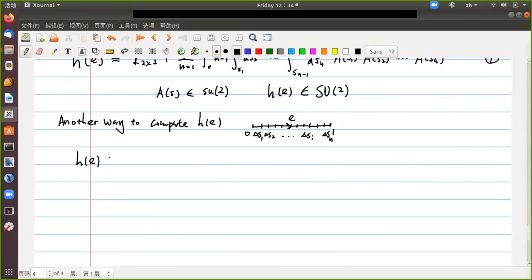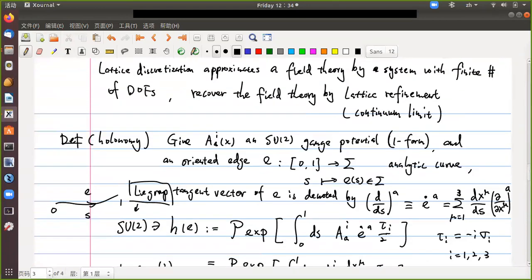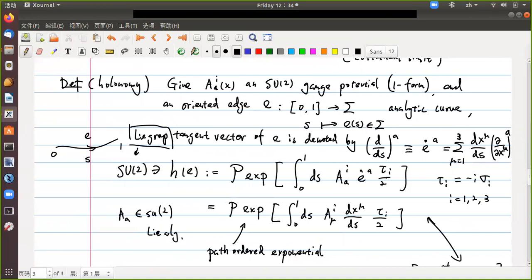So H_E can be written as a composition of all those small pieces. The logic is: you have an integral in the exponent, you cut it into small pieces, and write the integral as a Riemann sum.